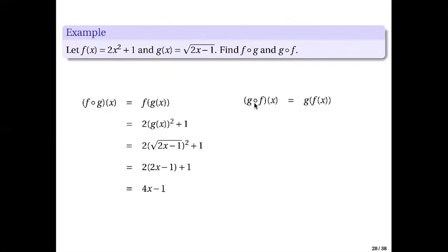So this time, you have the function G here. You have the function F here. You replace the x's in the function G with your f of x. So you have square root of 2 times f of x minus 1.